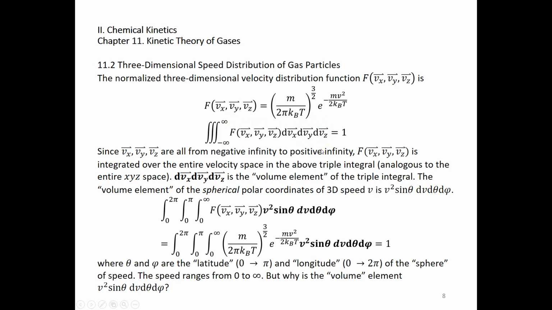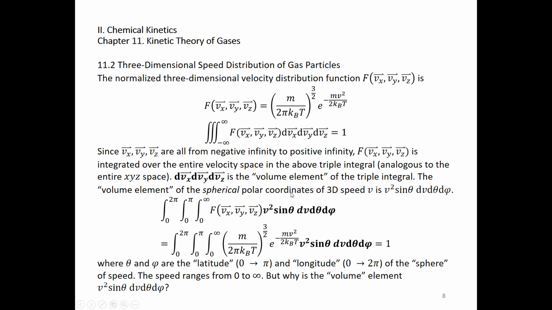And then we can convert this integral with this volume element in the simple xyz coordinates to a more complex spherical polar coordinates. The spherical polar coordinates of 3D speed depends on three things. One, the magnitude of the three-dimensional speed. And two, the angle between the velocity vector and the z-axis.